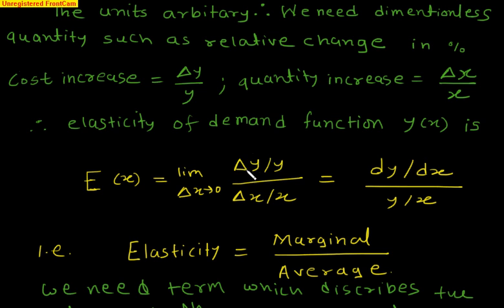See here, delta y by y indicates increase in cost, in fraction or in percentage, and delta x by x indicates how the increase in cost affects the increase in quantity. Limit delta x tends to 0, this can be simplified into this, and it is nothing but ratio of marginal to average cost, and this is called elasticity.